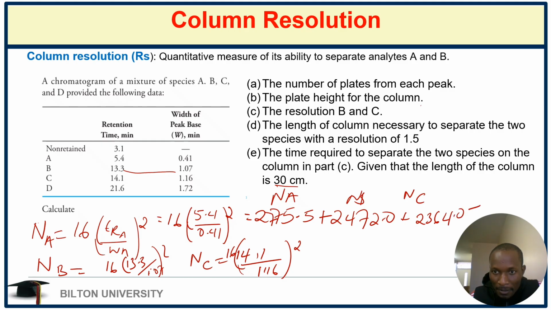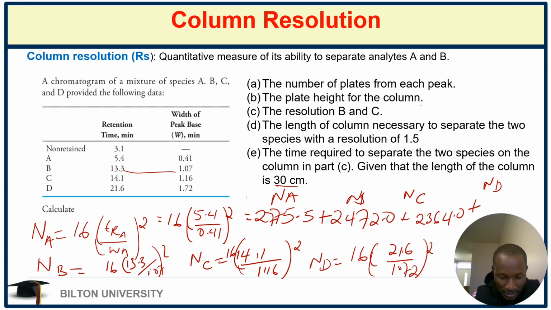And plus ND, the last one, that is going to be 16 into the retention time for D, which is 21.6, and the corresponding width is 1.72, and everything squared, and that's going to give us 23.3.